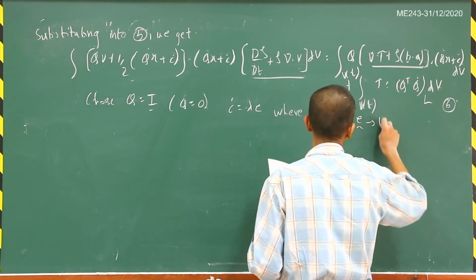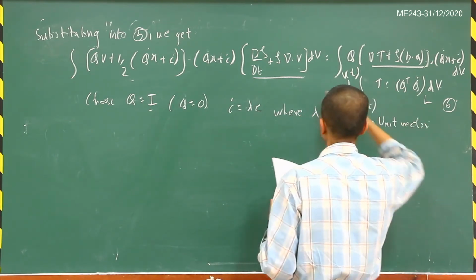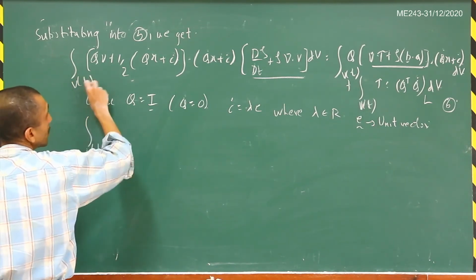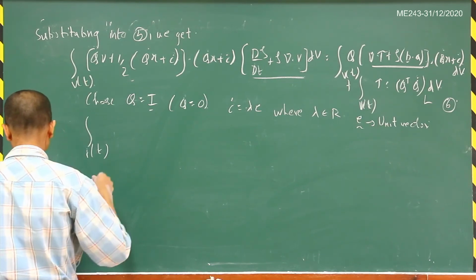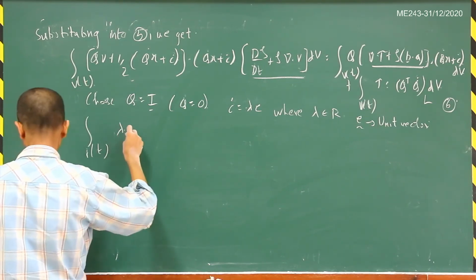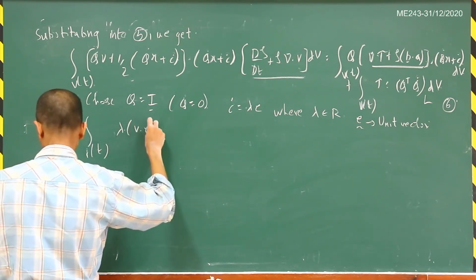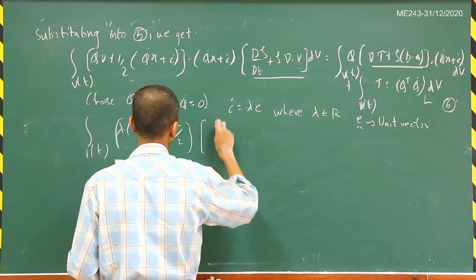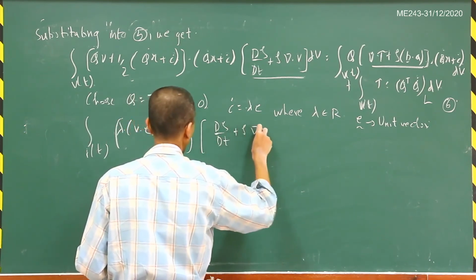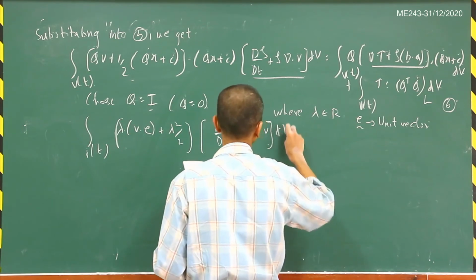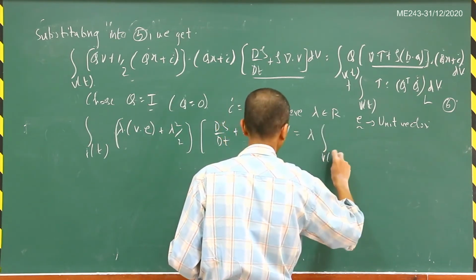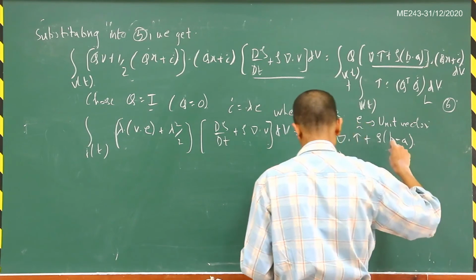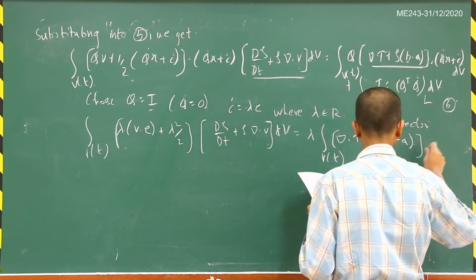If you substitute this into the equation, for V of t you get lambda times V dot E plus lambda square by 2 times d rho by dt plus rho del dot v times dV, equal to lambda times the integral over V of t of del dot tau plus rho times b minus a, dot e, dV.